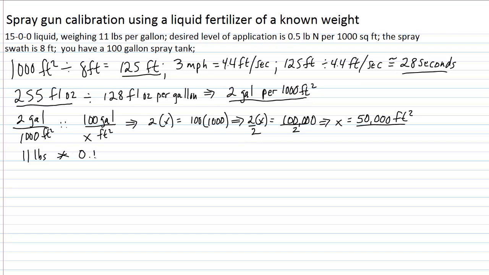It doesn't matter if it's liquid or solid, because the fertilizer analysis is always on a percent by weight basis. So 11 times 0.15 equals 1.65 pounds of nitrogen. And remember that the 11 pounds is how much it weighs per gallon. So we have 1.65 pounds of nitrogen per gallon of 15-0-0.